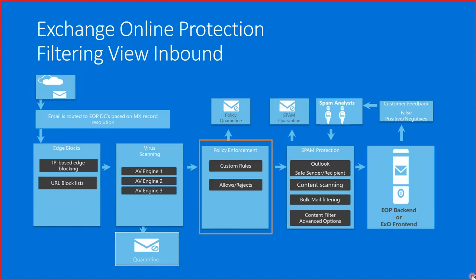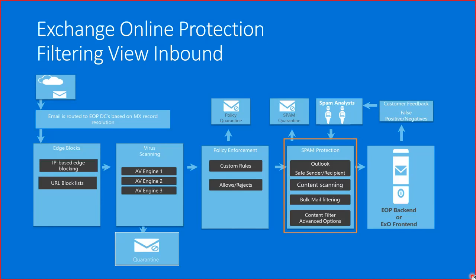If the message is clean, we go to the next phase of scanning, which is the policy enforcement phase. This is where the message is subjected to the customer's transport rules, and action is taken based on those rules. Once this phase is over, the message goes on to the spam protection phase.